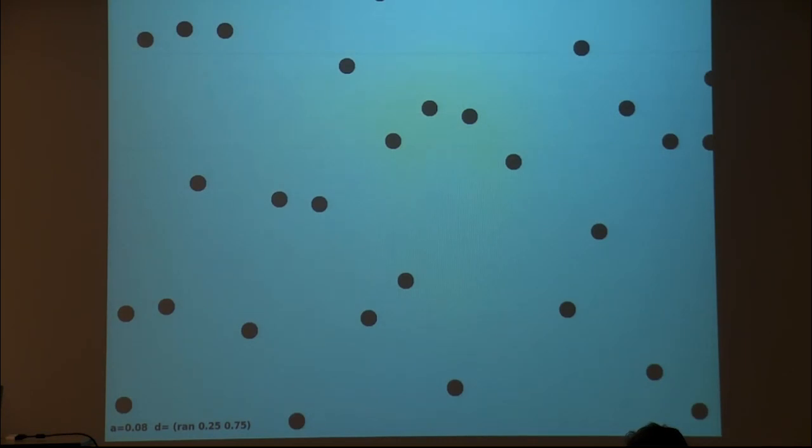You keep the angle constant, and you allow the distance, which is specified as some proportion of the height of the picture, to vary. In this particular case it varies between 25% of the height and 75% of the height. Well, in those cases you would expect to get not a random distribution, but the kind of distribution that I'm really looking for.